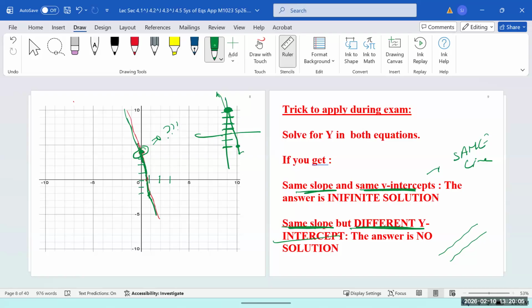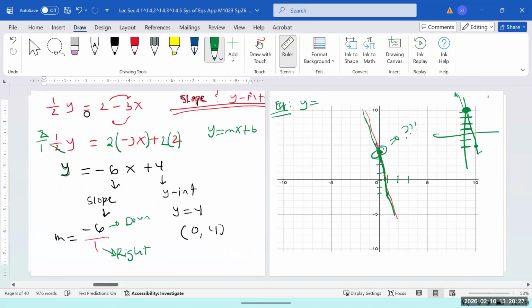So now let's go back and solve for y in both equations. We already solved for y in one of the equations, the second one. So solve for y in the first equation and see what you get. Equation 2 was y equals negative 6x plus 4, and equation 1 is negative 6x minus y equals negative 4.